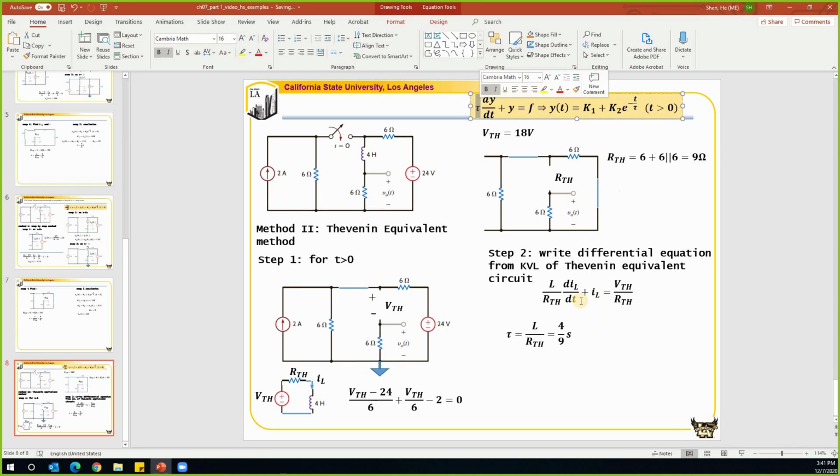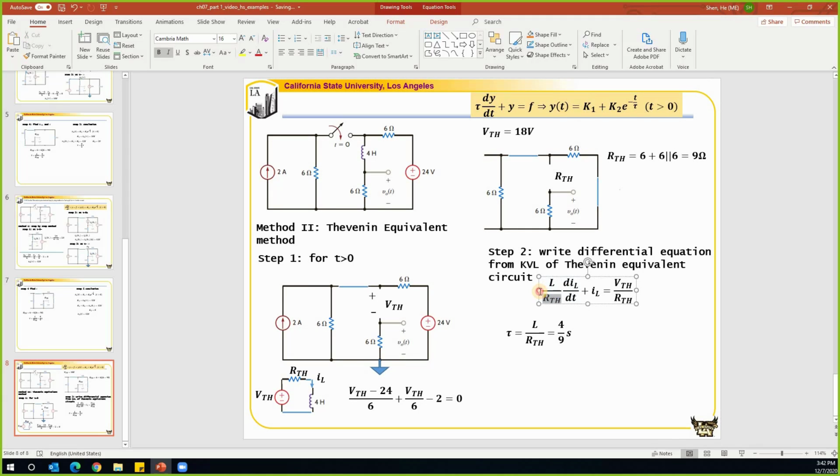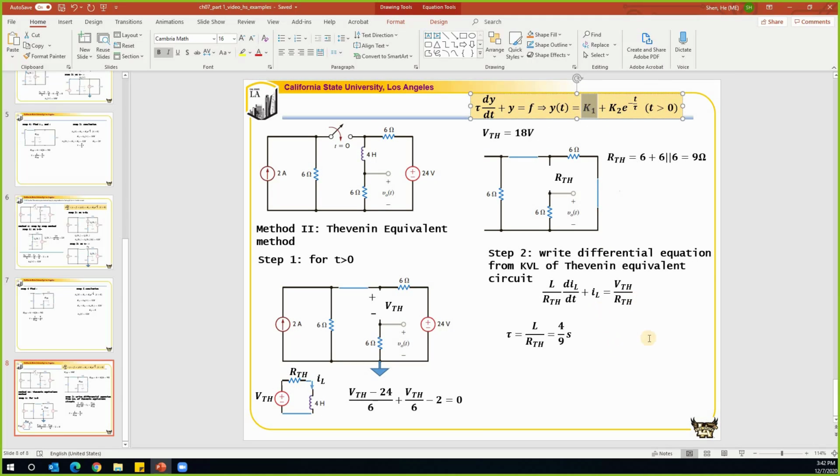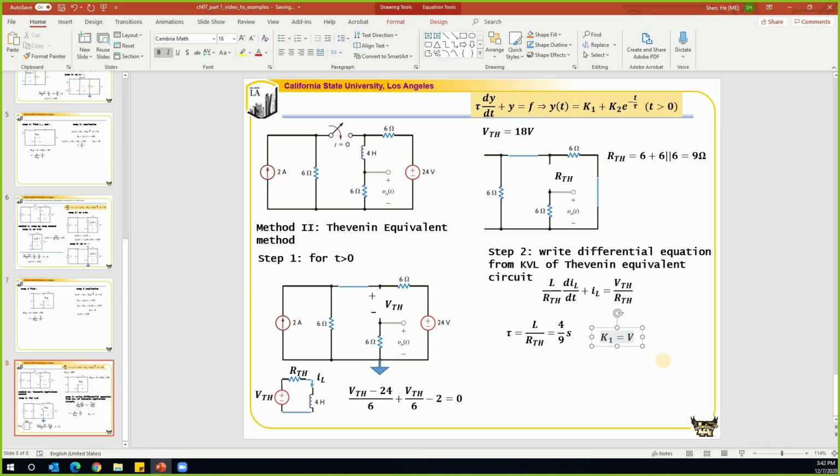This coefficient in front of dy/dt is our tau. This is our tau, we find it. And on the right-hand side, VTH over RTH is the steady state value, which is equal to K1, right? K1, the steady state value, is equal to VTH over RTH. VTH is 18, RTH is 9, so we know that is equal to 2 mA.